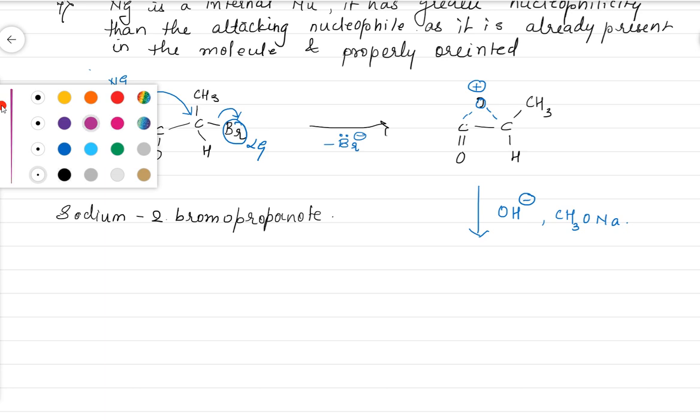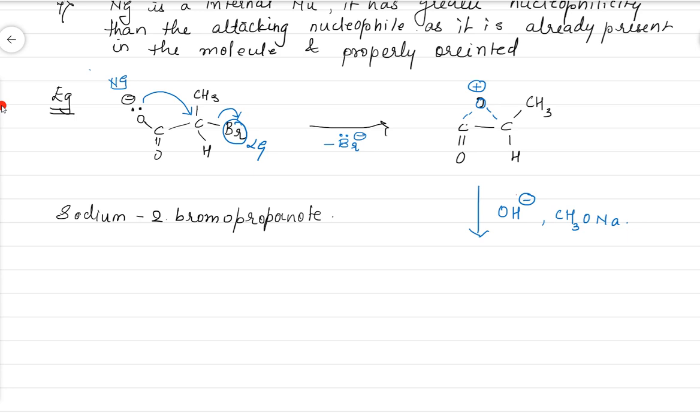This carbon is more electrophilic, that is why the oxygen will move over here and the OH will attack this carbon. So the enolate part will be restored, and the C double bond O will be restored.